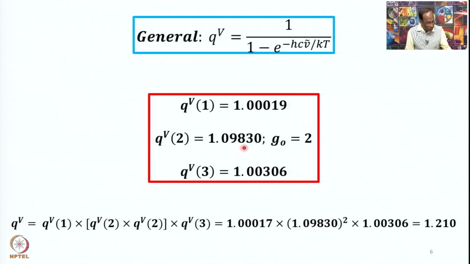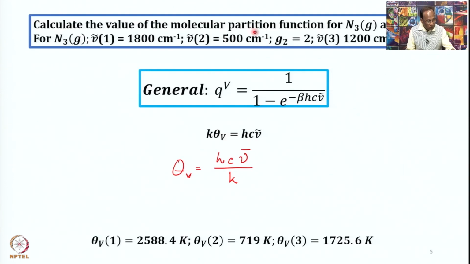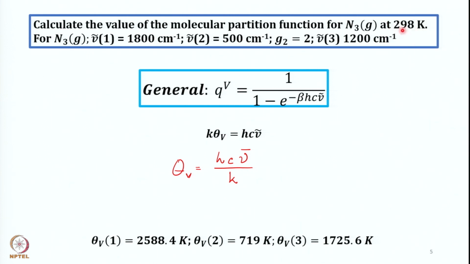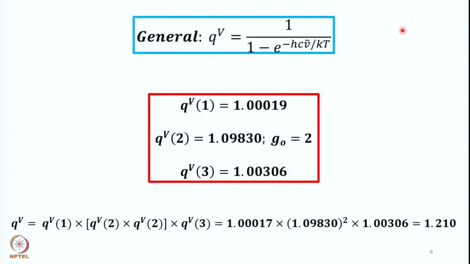Now the smallest one, let us look at what the number was. The smallest one was 500 centimeter inverse, but still the vibrational temperature is higher than the experimental temperature. In that case, the value comes out to 1.098.